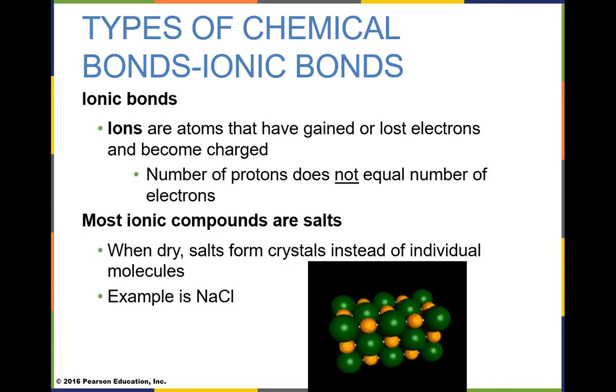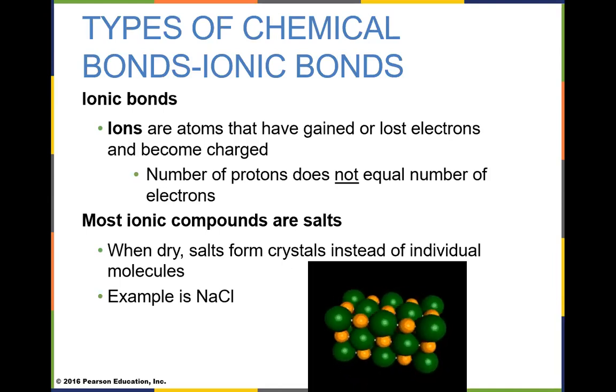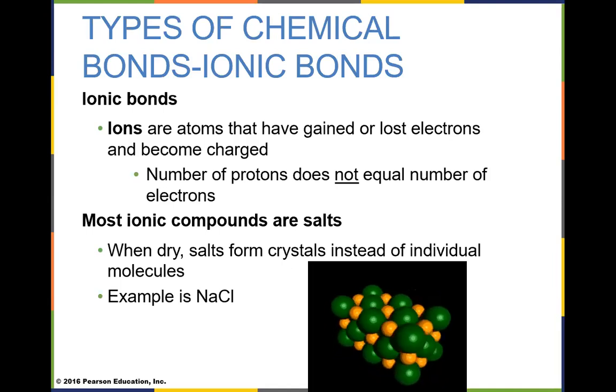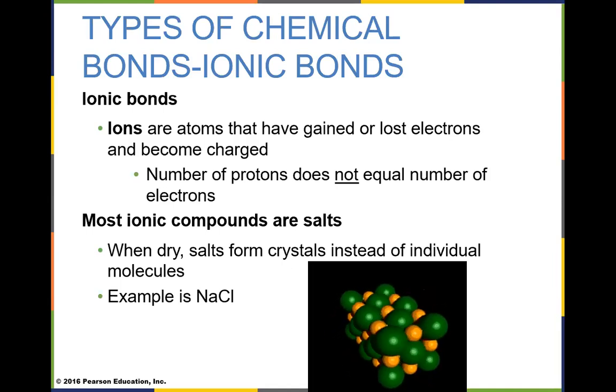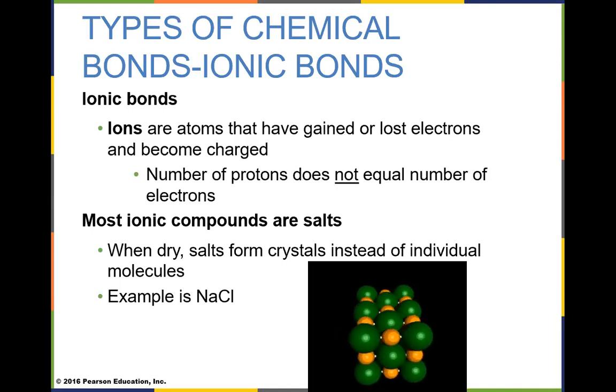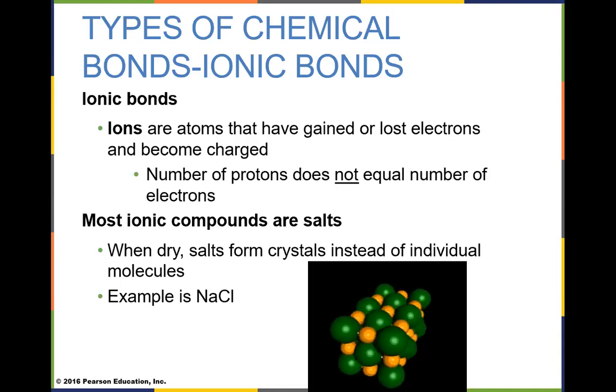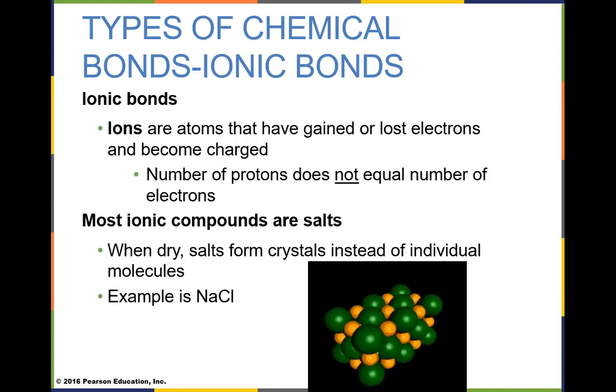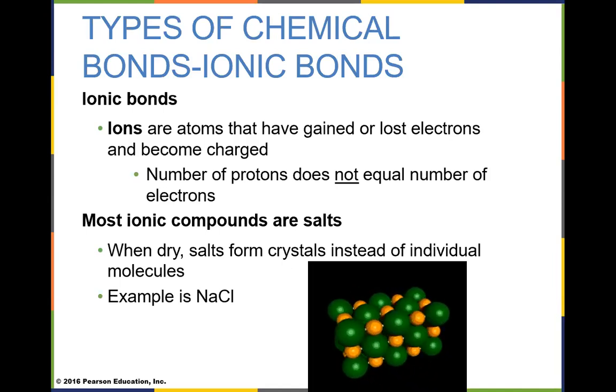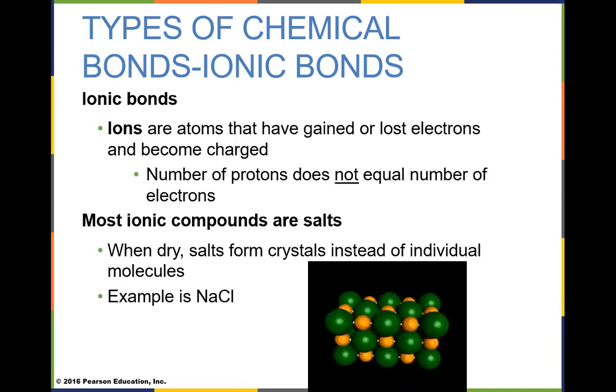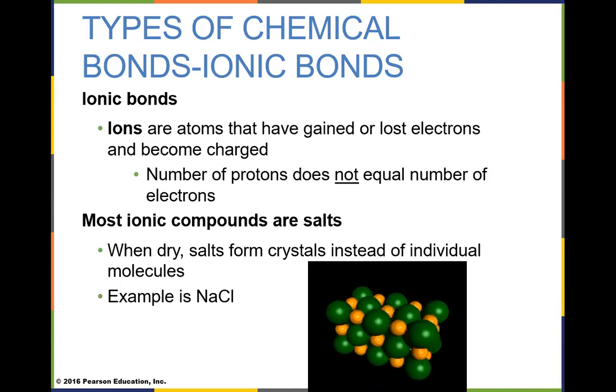Chlorine, on the other hand, has 7 electrons in its shell, and it will grab that electron from the sodium. But now chlorine, which had 17 protons and 17 electrons, now has 18 electrons. Chlorine is also no longer an atom.